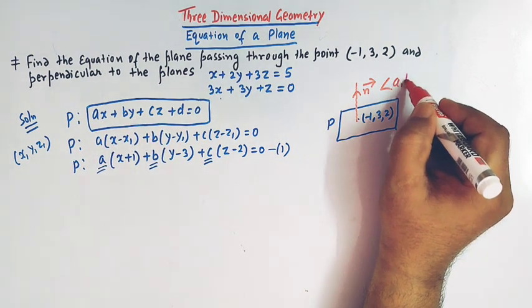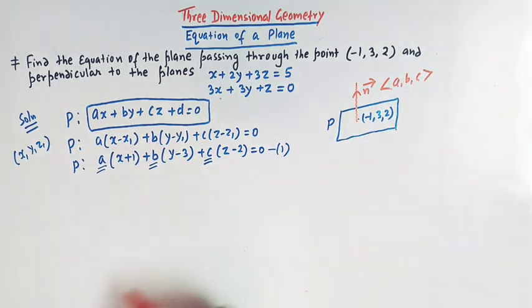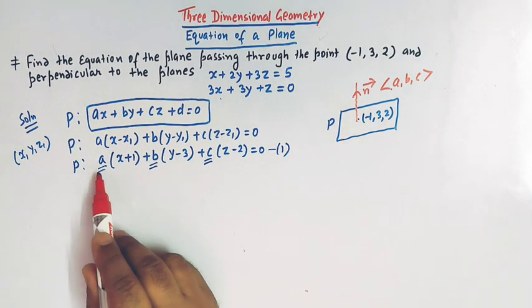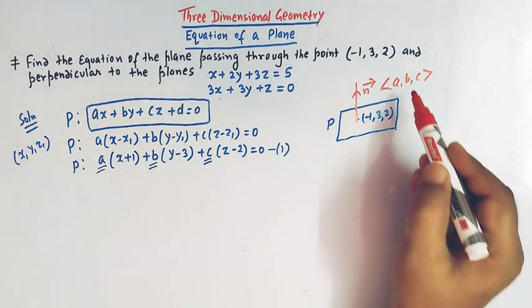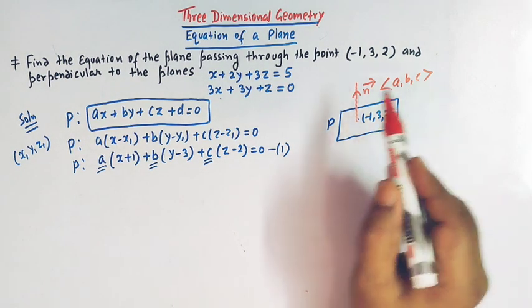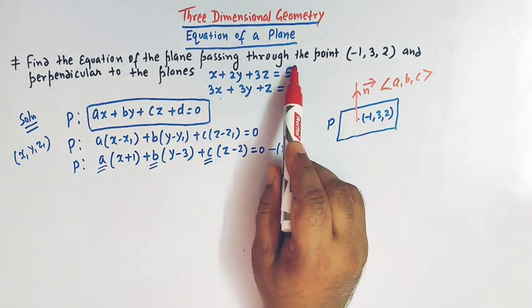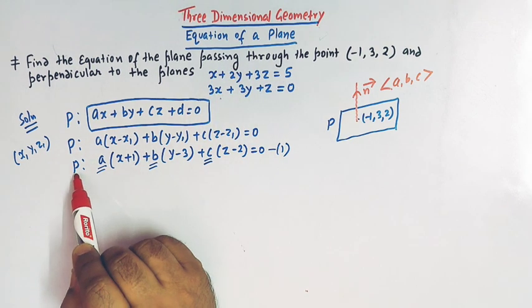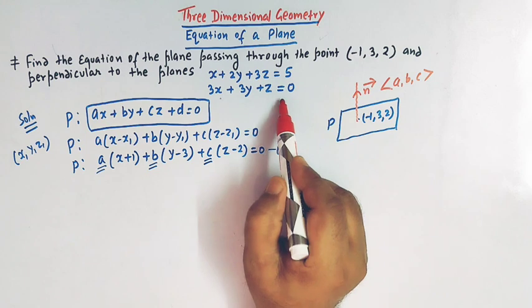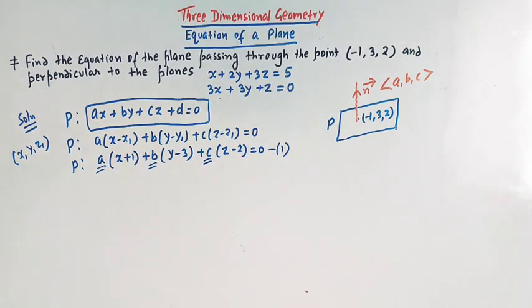So here we have a, b and c. Now we need to find out the values of a, b, c, and to get them, we will make use of the condition that this plane P is perpendicular to these two planes, right?